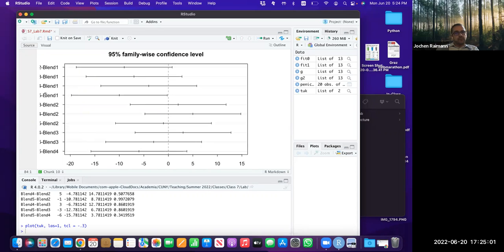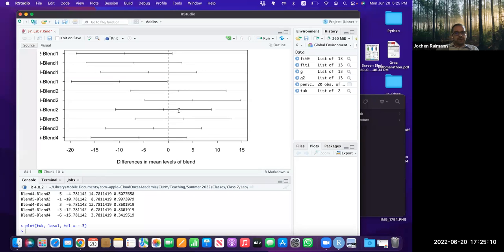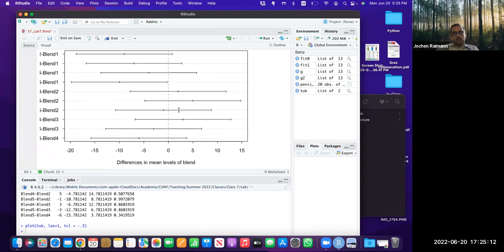But if you compare here blend 5 versus blend 1, you see here a significant difference. So that's a pairwise comparison. And this is basically what a Tukey does. So it's one of the ways to approach pairwise comparison. You also can use Bonferroni pairwise comparisons where you adjust the p-values for the number of comparisons that you actually compute. And Tukey in essence does a somewhat comparable approach by calculating the so-called Q in your comparison.